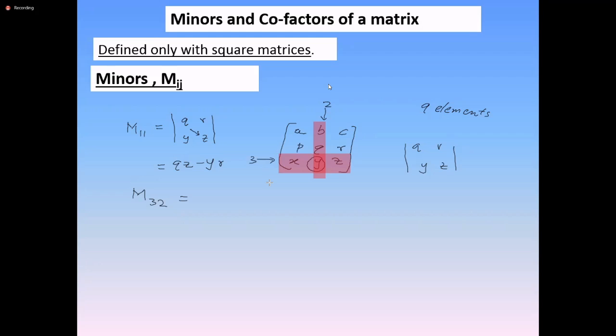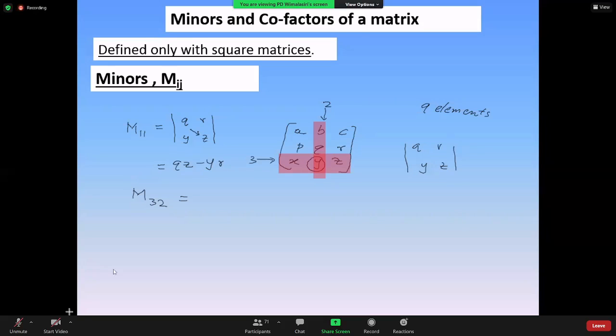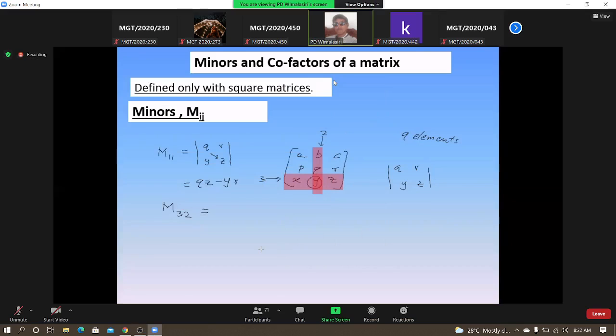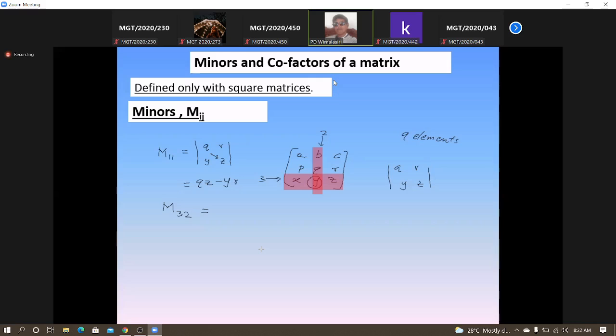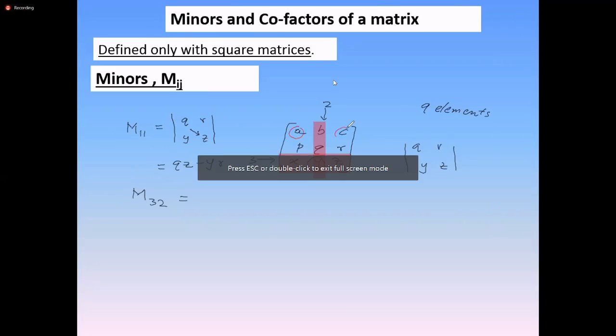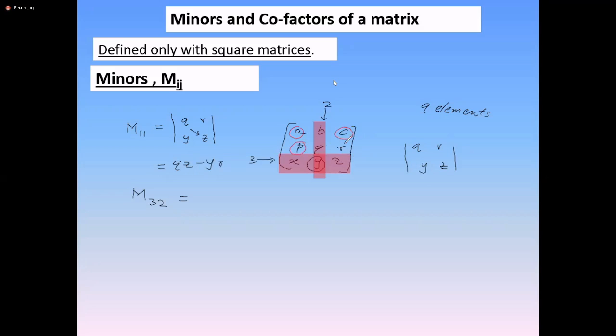Then what are the remaining elements? You can see here A, C, P, R. That is the determinant made by those elements.